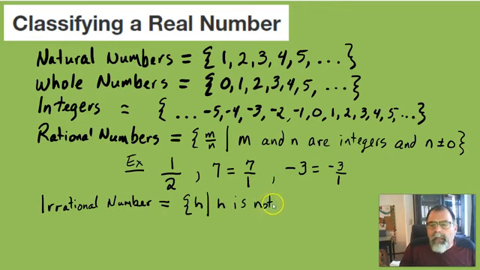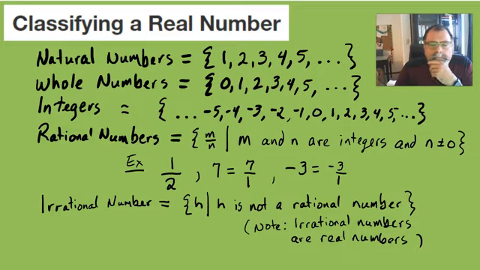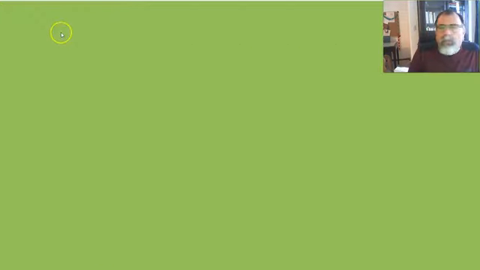I should add that it has to be a real number. It's a real number that's not rational, and we'll get more into that later. So what is an irrational number?